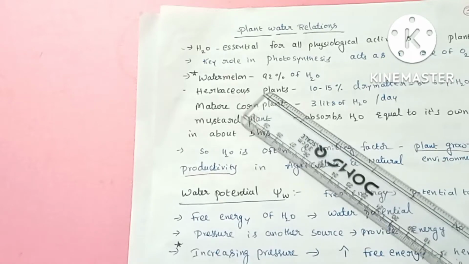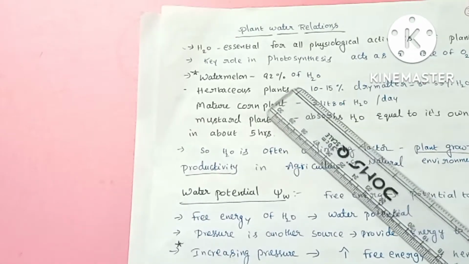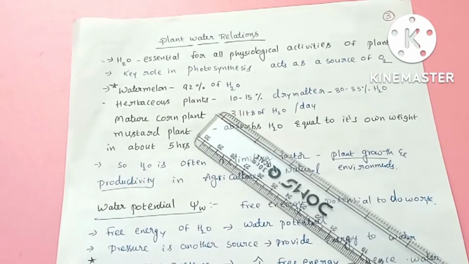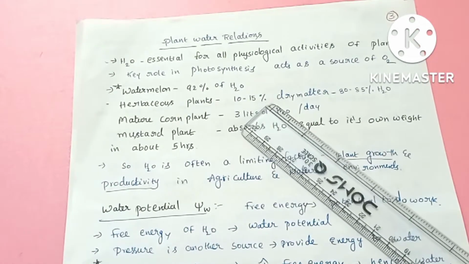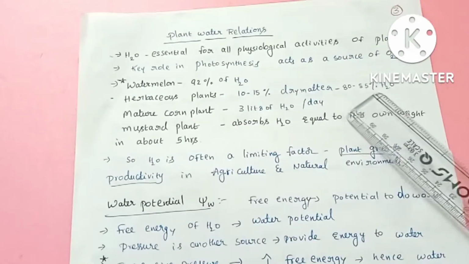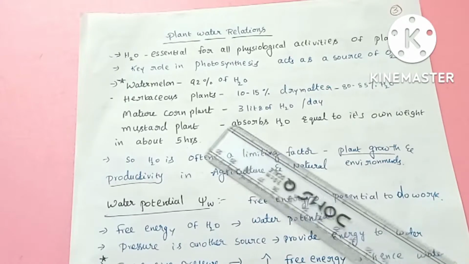If we see some examples, watermelon consists of nearly 92% of water. And herbaceous plants consist of only 10 to 15% dry matter. The remaining 80 to 85% is occupied by water only.